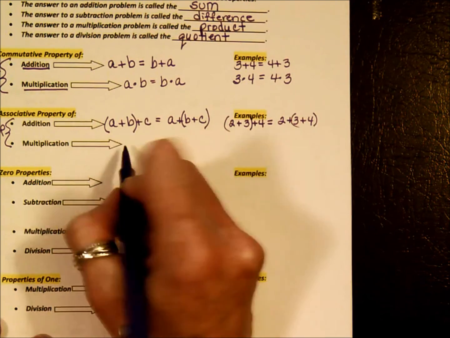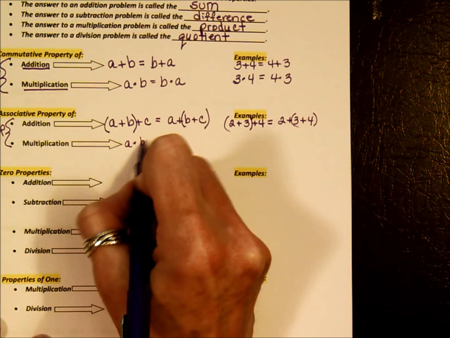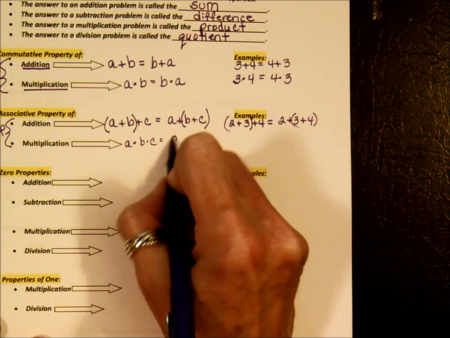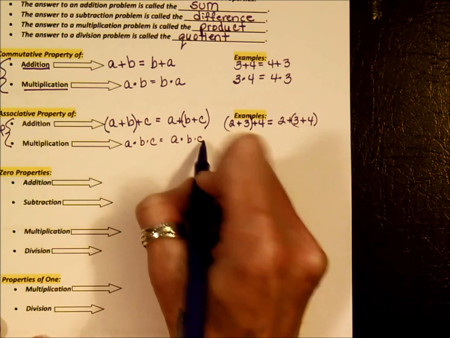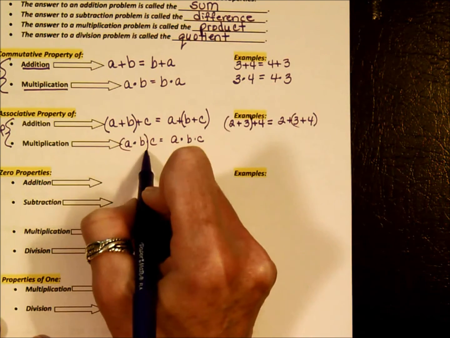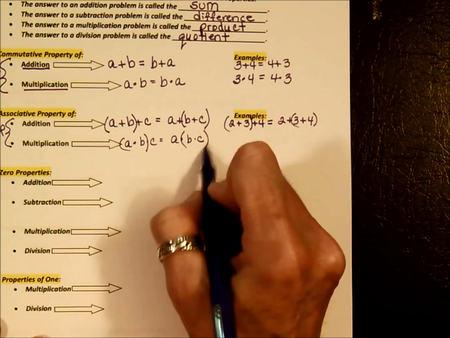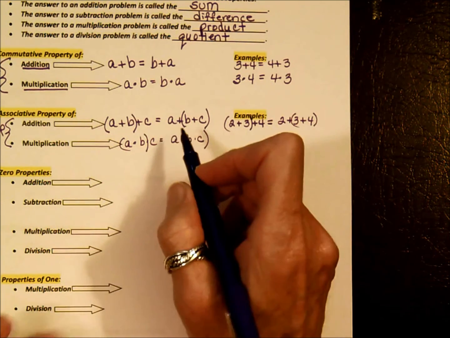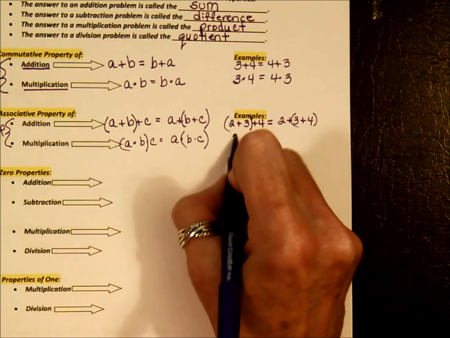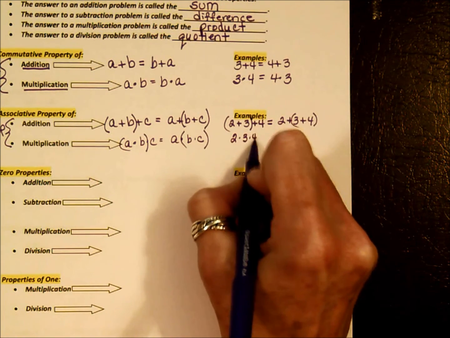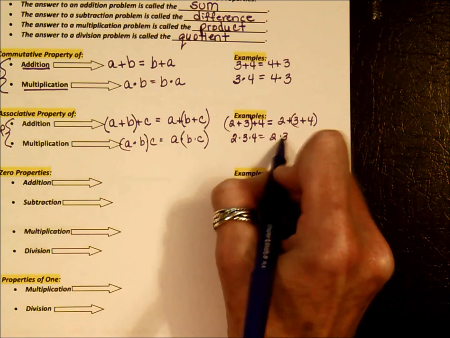Multiplication, same thing. If I am multiplying 3 numbers together and I keep their order the same, it doesn't matter if I multiply the first 2 and then multiply that times the third, or if I multiply the second and the third and then multiply that times the first. So let's do the same numbers. 2 times 3 times 4, 2 times 3 times 4.